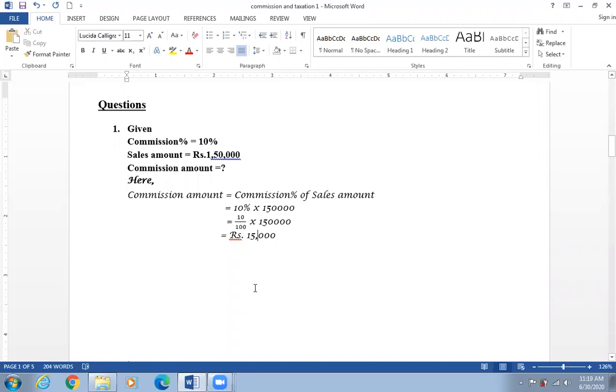So 15,000 is our answer. If the commission percentage is 10 percentage and sales amount is 1,50,000, then how much commission are we going to get? I'm going to get a commission of 15,000 rupees. In this way you need to calculate.